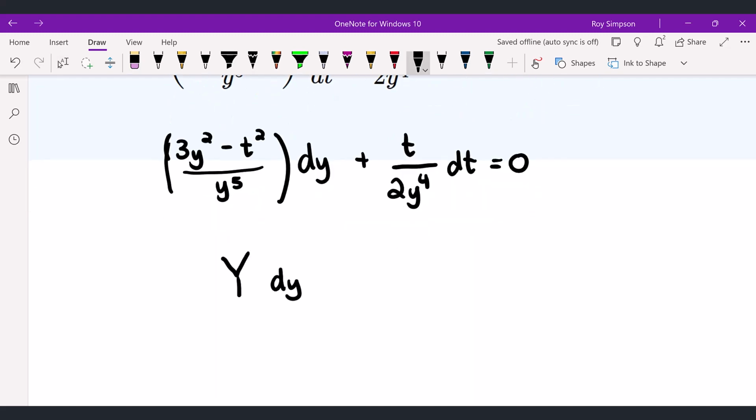We will instead just create function names, capital Y and capital T. Capital Y is a function of both little t and little y, and capital T is a function of both little t and little y.